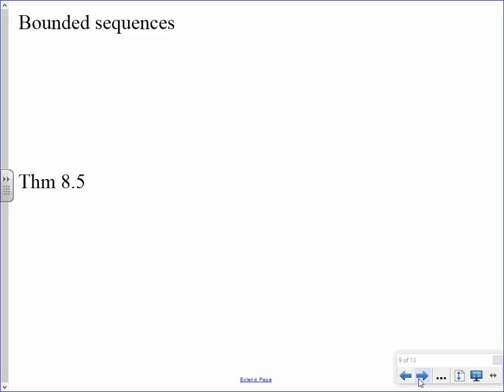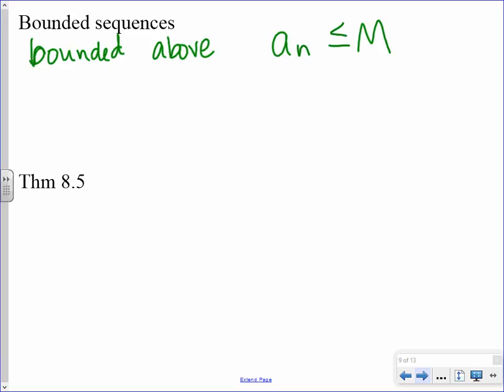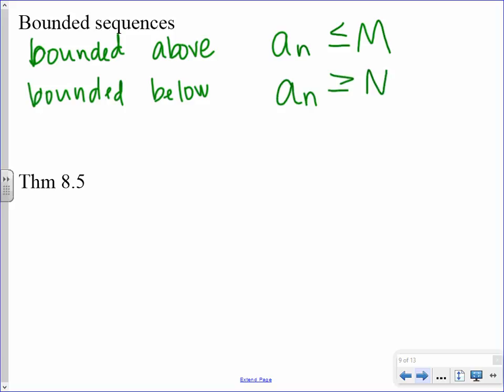If we're bounded above, then every term in our sequence is less than or equal to some value. If we're bounded below, then every term in our sequence is greater than or equal to some number.